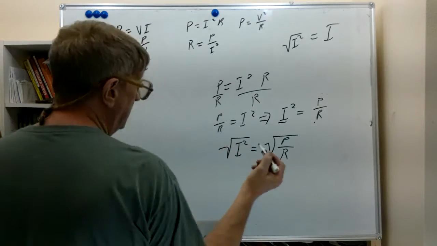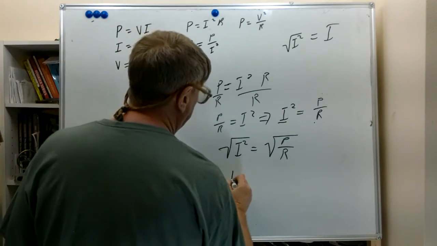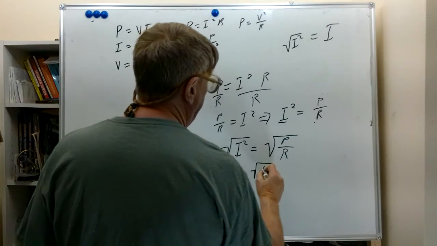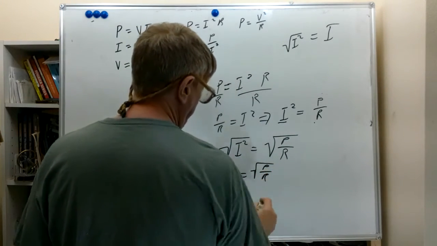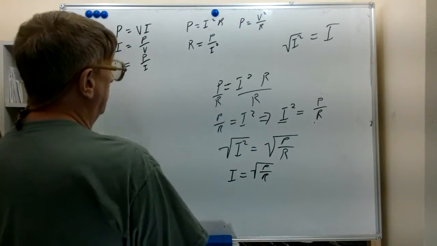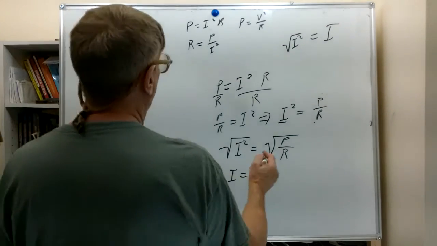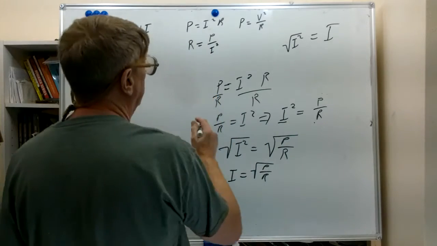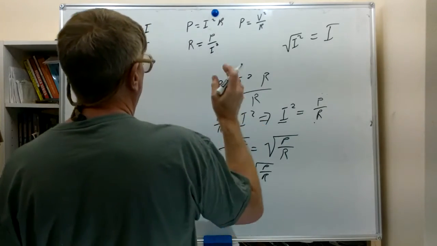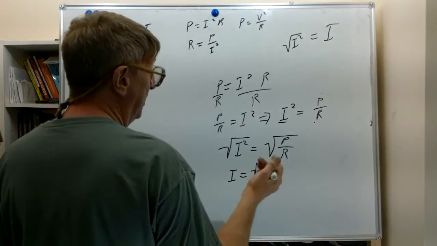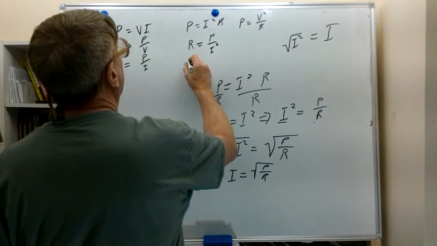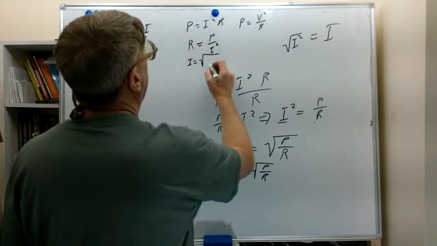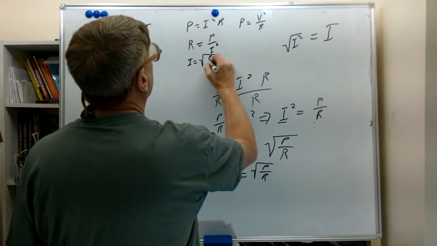Now we know that the square root of I squared is simply I, so we have here that I equals the square root of power over resistance. So we've solved this particular second form of the power equation, which uses current and resistance, for current. So we have that current equals the square root of the fraction power over resistance.